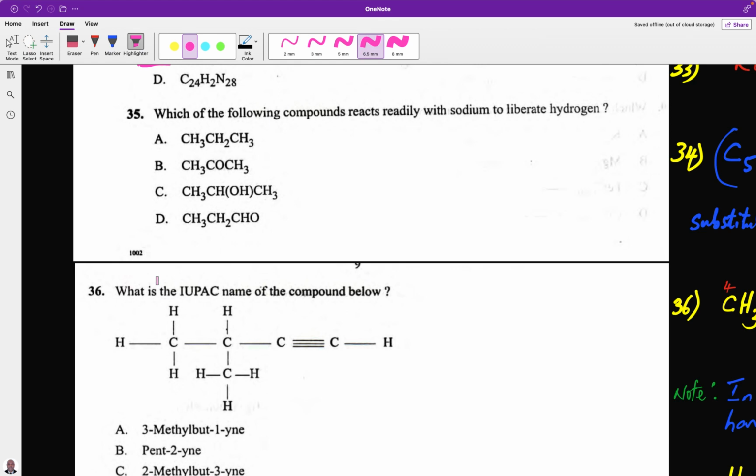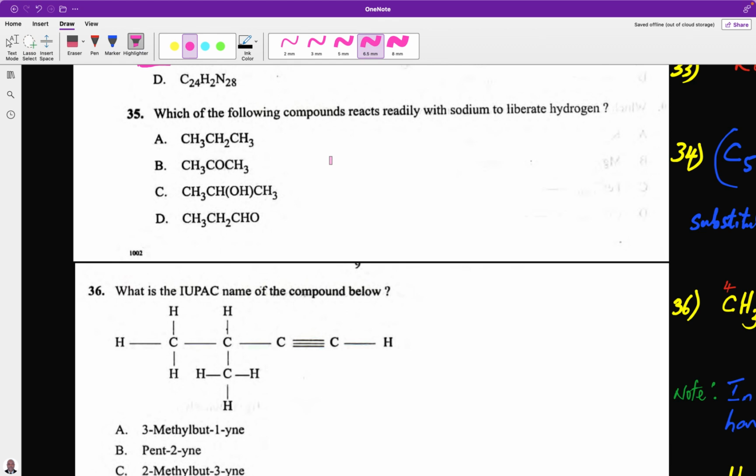What we need to see here is that alcohols or alkanols, when they react with sodium, form what we call the salt of the alkanols, for example, sodium alkoxide.